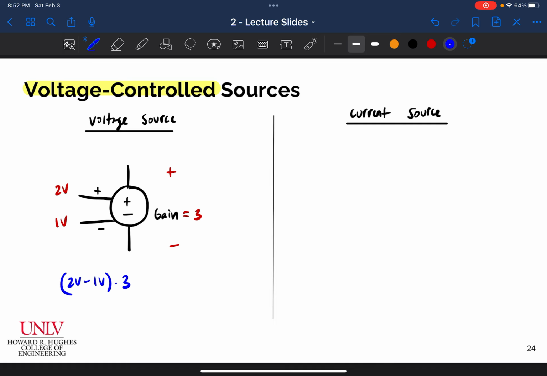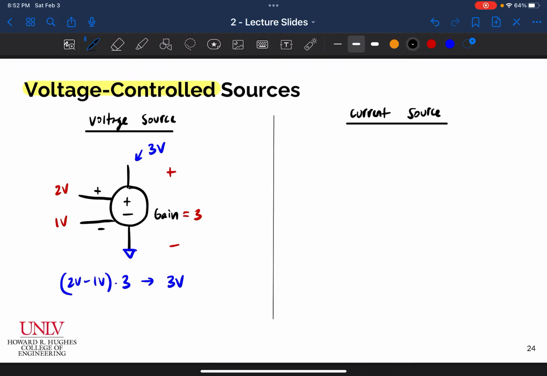So 2 volts minus 1 volt is 1, multiplied by 3. This voltage controlled source would have a 3-volt rating, which basically means that the plus terminal is going to be 3 volts higher than the minus terminal. So if I were to ground this terminal, then I would have 3 volts here. Okay, so that's how the voltage controlled voltage source works.